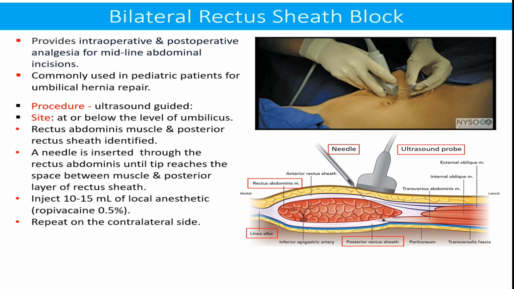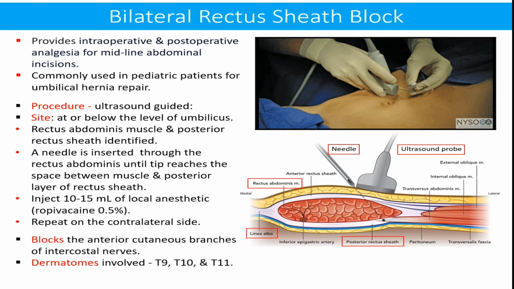Now we inject 10 to 15 milliliters of local anesthetic, and this procedure is repeated on the contralateral side as well. This blocks the anterior cutaneous branches of the intercostal nerves in the area of T9, T10 and T11 dermatomes.